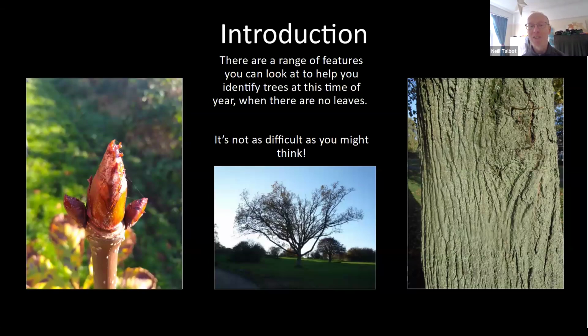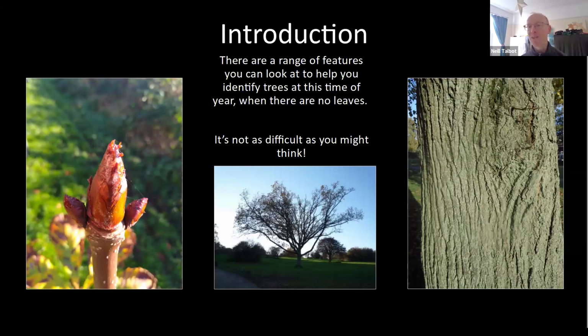I'd say November, December is a really good time. And I'd say it's not as difficult as you might think to identify a lot of the native broadleaf tree species from features other than leaves.